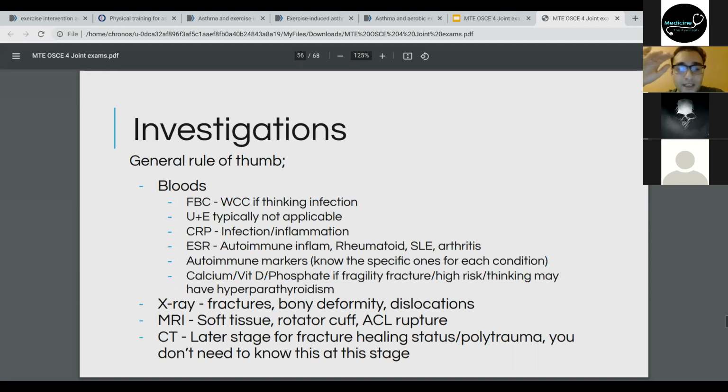So a bone profile will include a calcium, a vitamin D, a phosphate, a parathyroid screen, and sometimes a magnesium, depends on the trust. Sometimes they put them in, sometimes they don't.